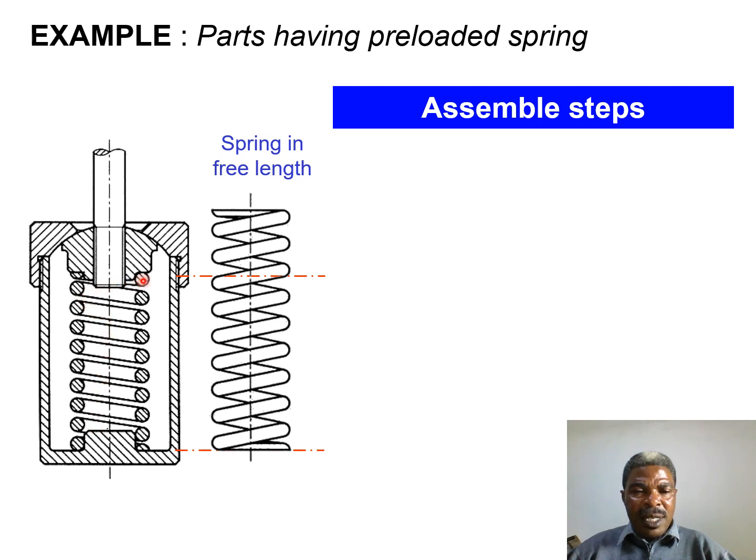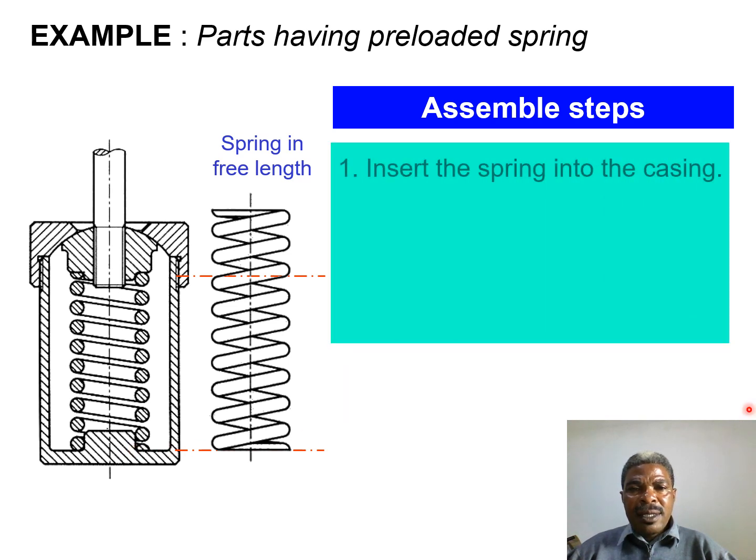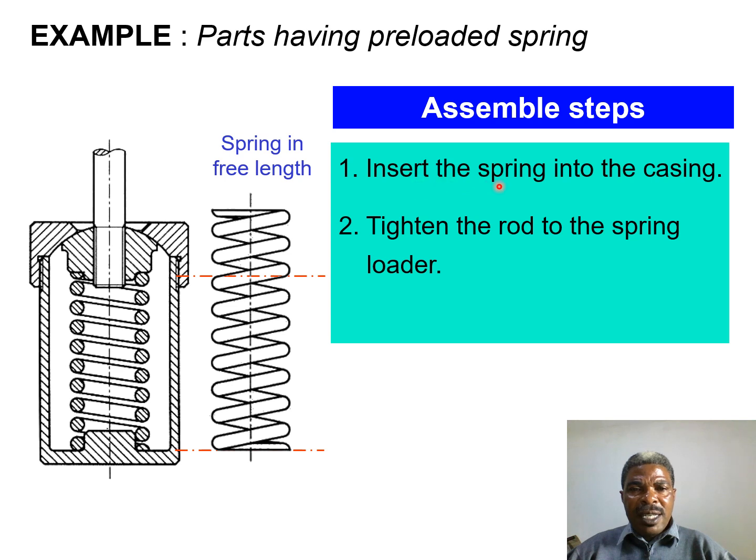And how will it be possible for it to be fixed? It requires procedures, which one to be done first. So insert the spring into the casing first, as you have already taken out this one, which is worn, and you want to replace it.